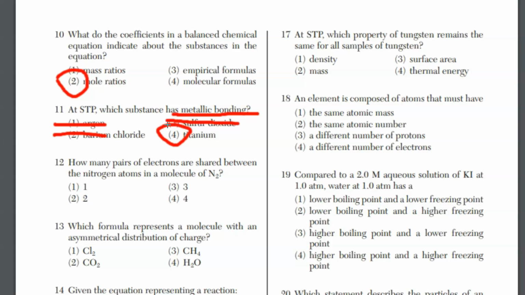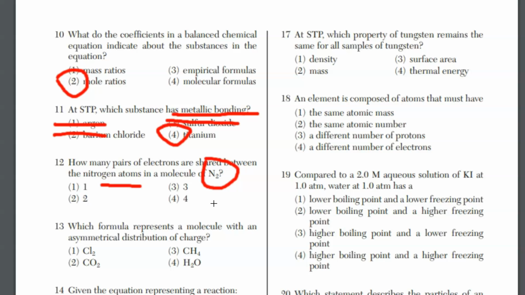For number 12, how many pairs of electrons are shared between nitrogen atoms in a molecule? Now, if you were to forget how many pairs of electrons are shared between the two, go to the periodic table. Nitrogen happens to be in group 15.